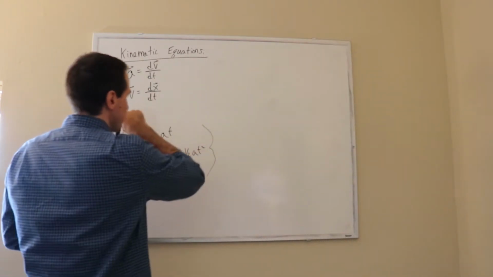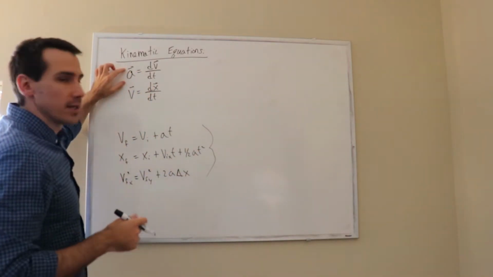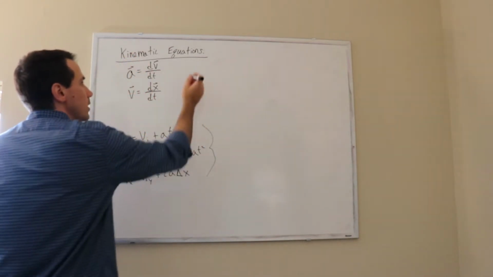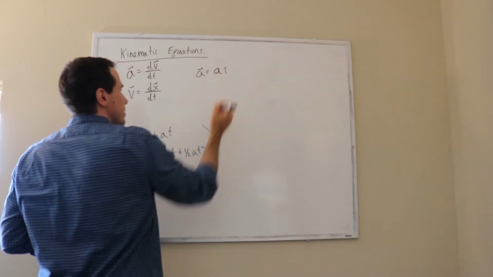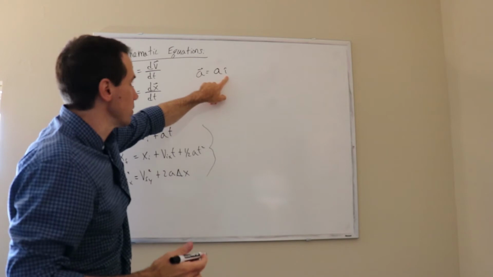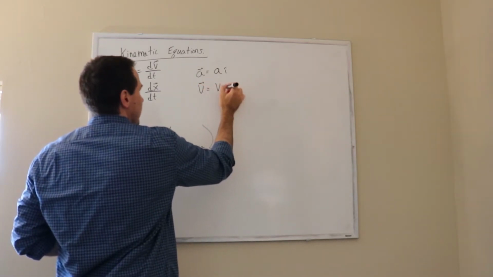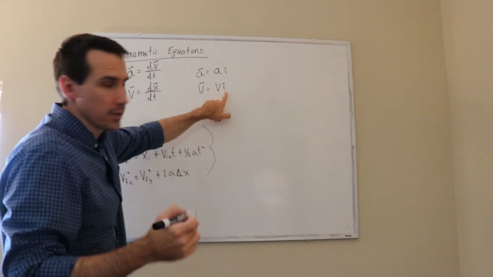For example, you could think about having this acceleration deal with just the x direction. So I could say that my acceleration looks like some magnitude of acceleration in the x direction. And likewise, I could say that my velocity looks like some magnitude of velocity also in the i hat, or x direction.